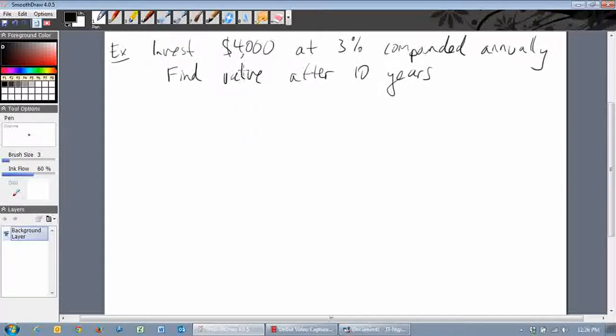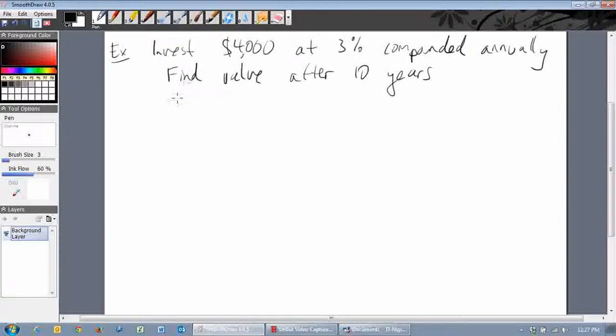Okay, so what this is doing is that when you invest money into an account, it grows by 3% every year. Every year, annually, compounded means it grows by 3% every year. So that'll just grow and grow and grow.